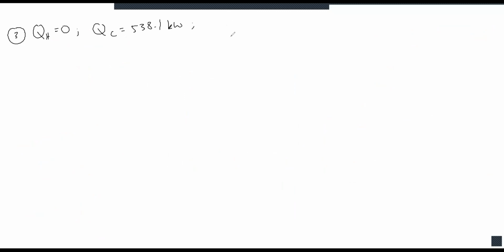And our pinch point was 570 degrees Celsius. Okay, let's have a look at our streams in number 3. We had 3 hot streams and 3 cold streams.